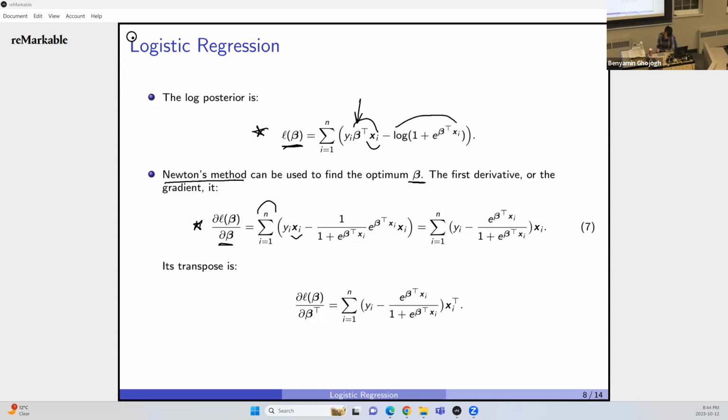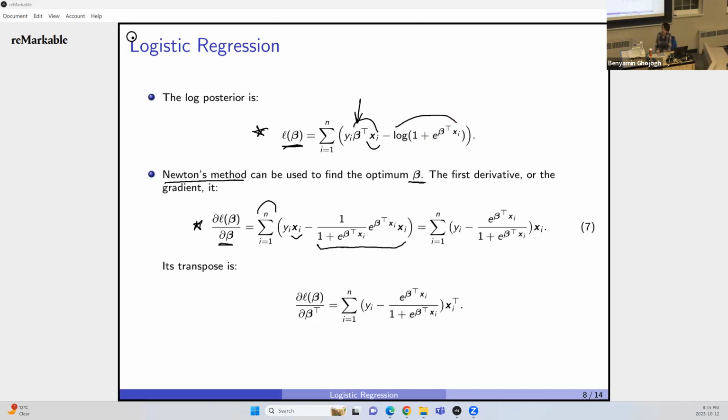Also here, I need to do chain rule. So derivative of logarithm, and then I go inside the logarithm. I have derivative of 1 is 0, and derivative of e to the power of beta transpose xi. Again, I need to do chain rule. Derivative of the exponential operator, and then derivative of beta transpose xi. I will have nested chain rules. So I'll get this.